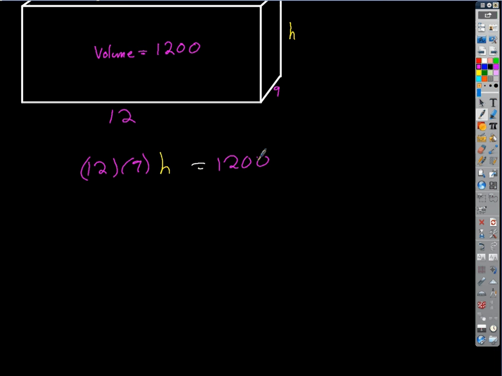Okay, we could do that. So what is 12 times 9? 108. Okay, so that's one way we could do this.